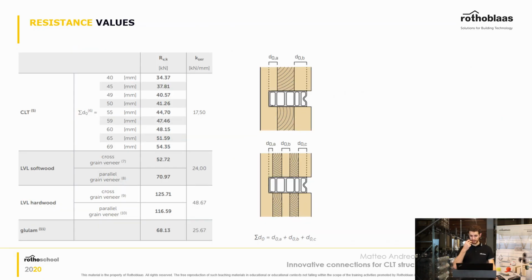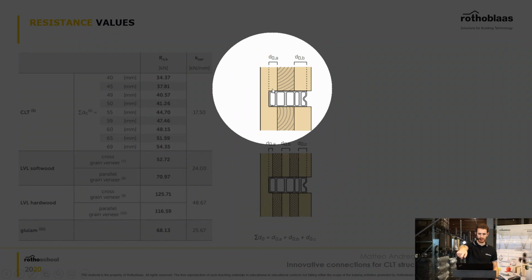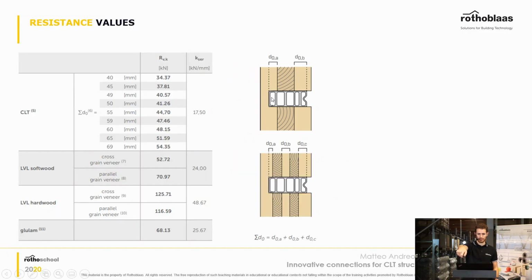And here you have a table of the resistance that you have with this product. Of course, the resistance depends a lot on the area that is supporting the load, which is mostly the one where the fibers are parallel to the force.